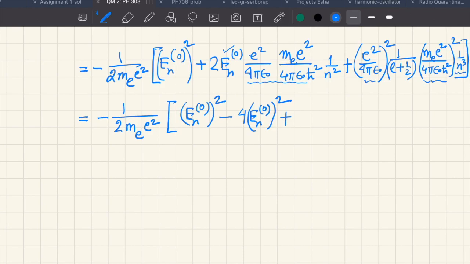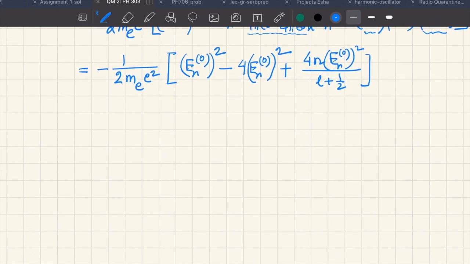There is 1 by n cube here, so we can make this 1 by n to the power 4, and then in the numerator we can multiply with another n, so we will have a term like 4n into En0 whole square divided by l plus half. So this has now become a very simple expression.